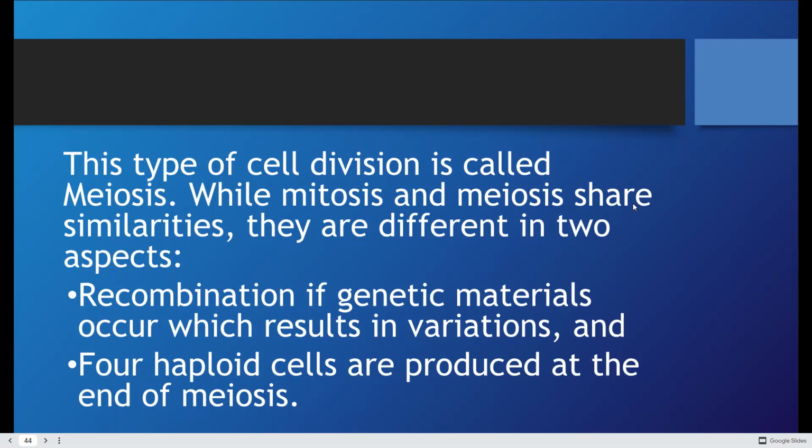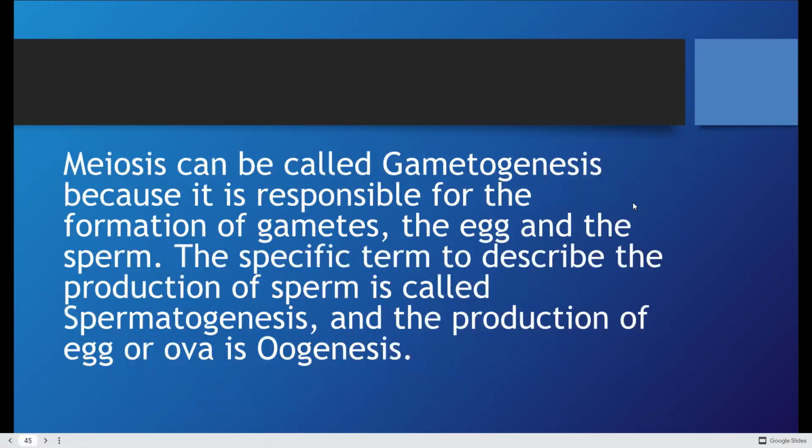Because in oogenesis, or the production of egg, only one is retained and the other three daughter cells disintegrate, because we need only one egg cell in every cycle. But in spermatogenesis, we have four haploid daughter cells in every cycle. Let's move forward.